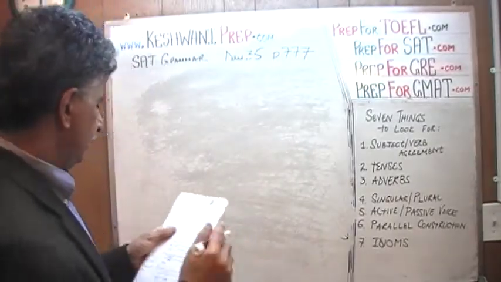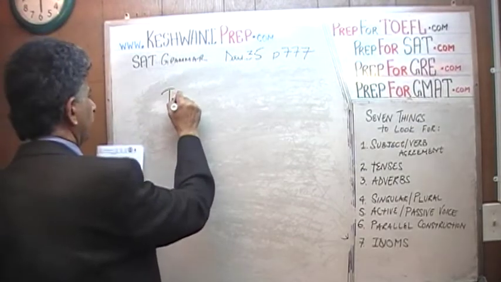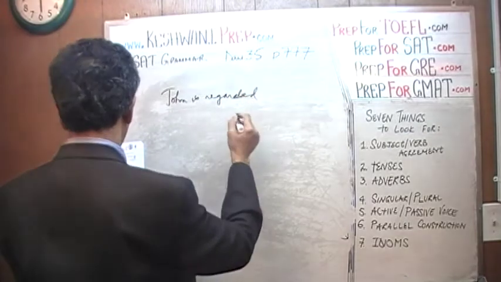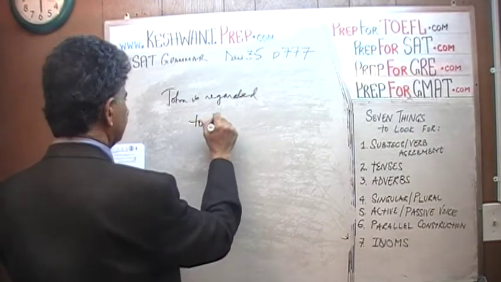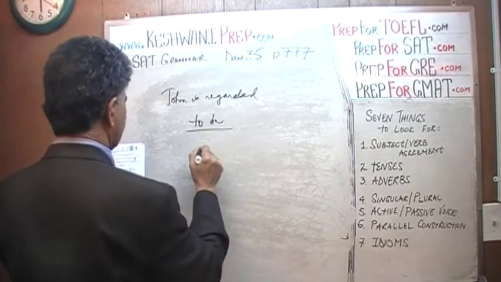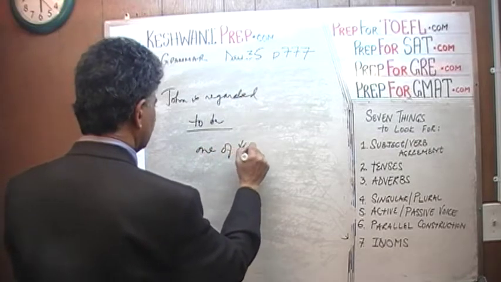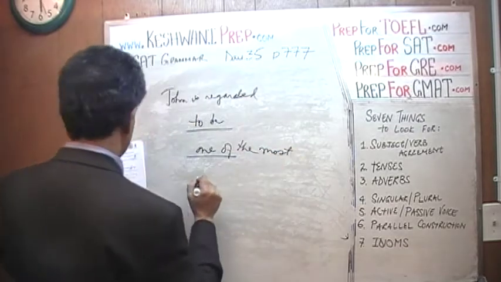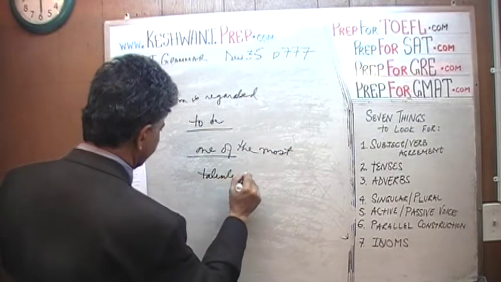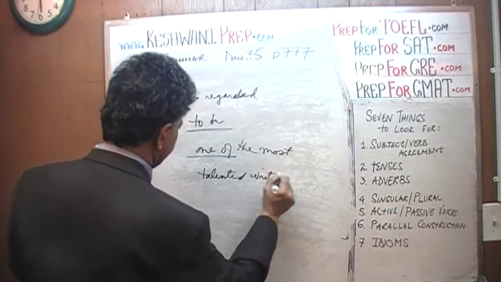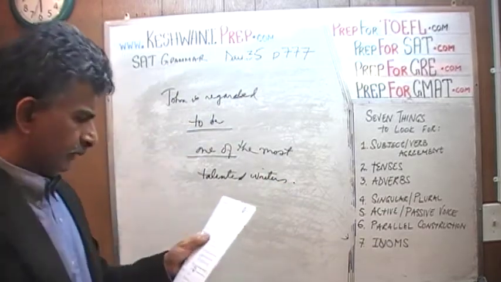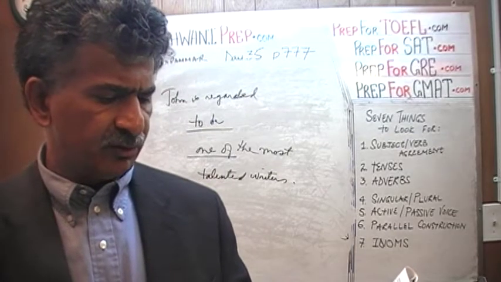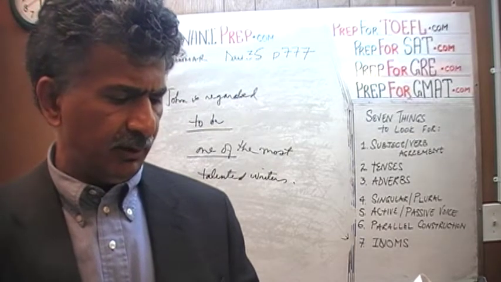John is regarded to be one of the most talented writers of the late 20th century, and is often compared to such literary giants as Ralph and Richard.